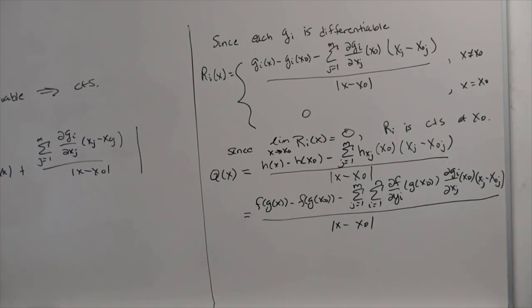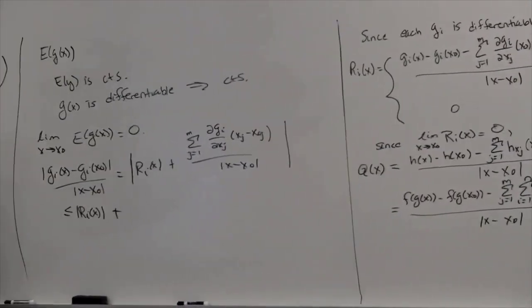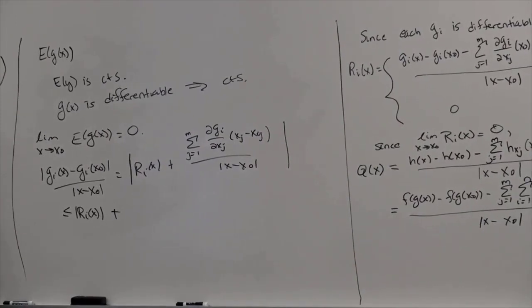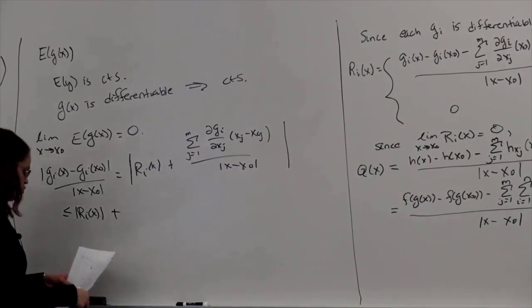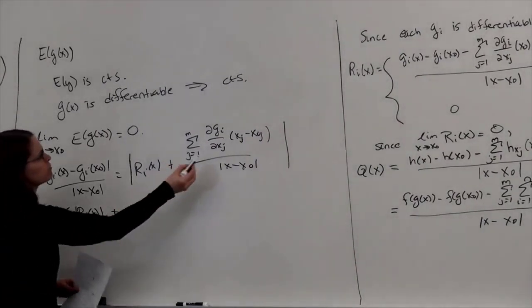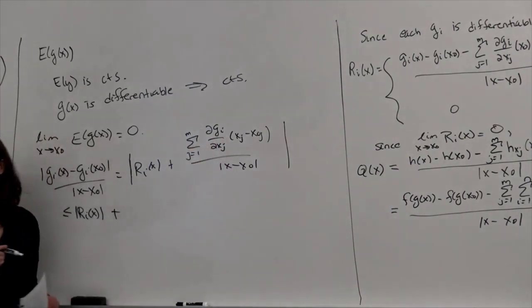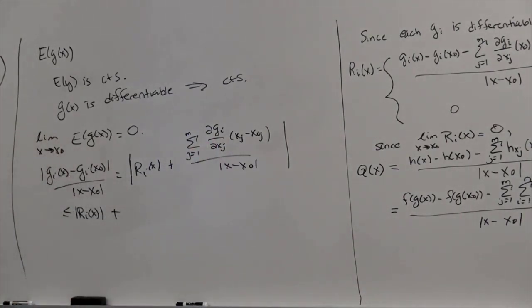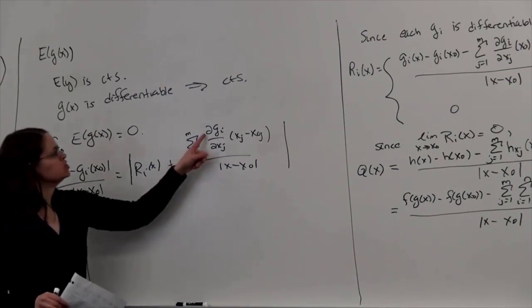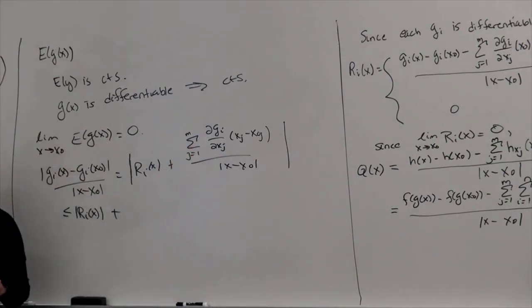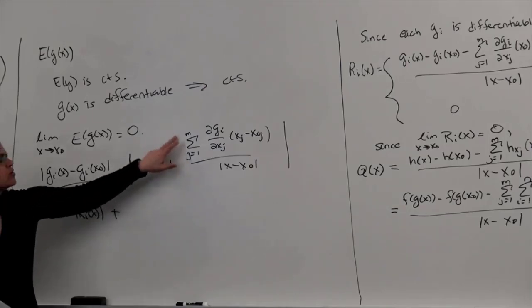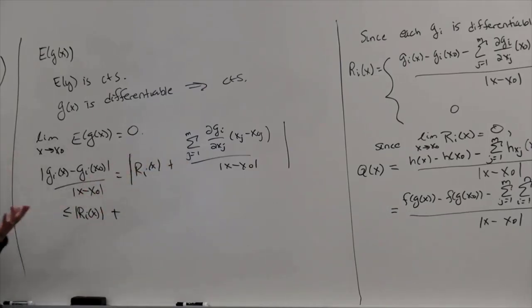Okay, so this is going to be, if we do our triangle inequality, the numerator, I'm going to bound by the biggest possible partial derivative. All these partial derivatives exist, right? So dgi by dxj, these are just numbers. They're a choice of m different numbers. They're just finite. So the maximum is certainly finite.